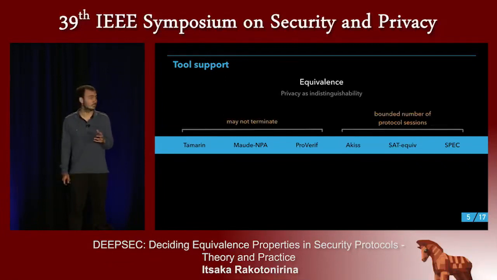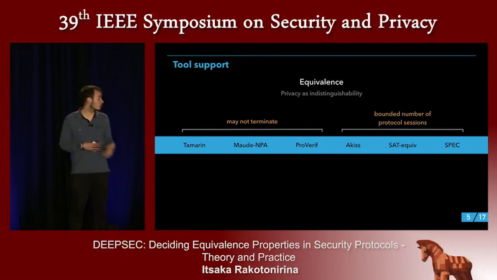The first one is about the number of protocol sessions you consider in your attack scenarios. Either you can bound it, and so you only consider a fixed number of protocol communications. The attacker interference is still unbounded, but the number of messages sent by the protocol is bounded.